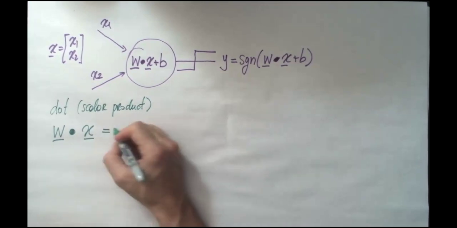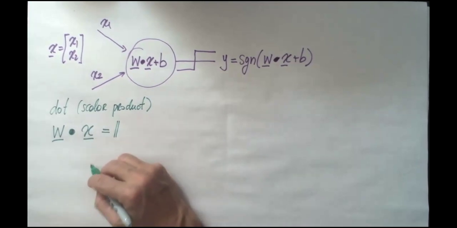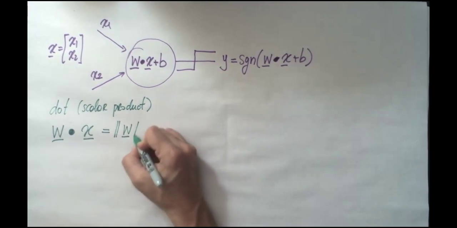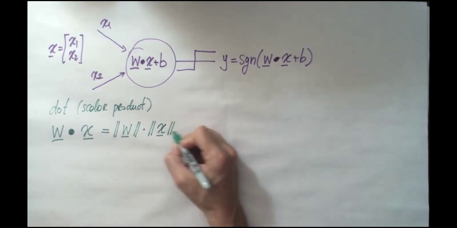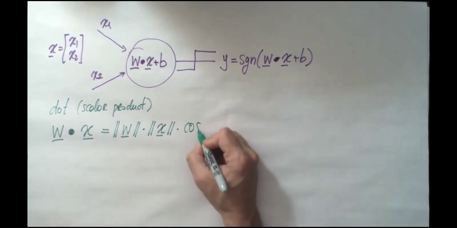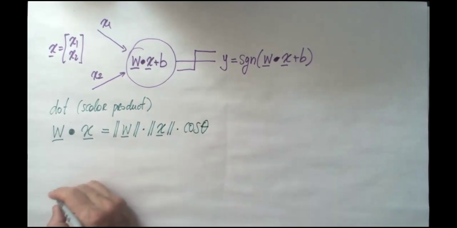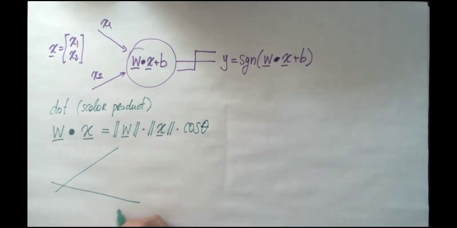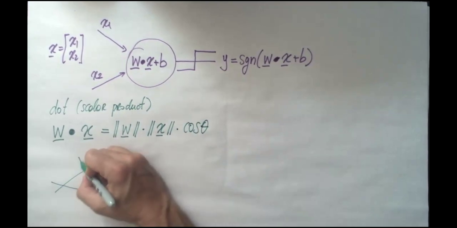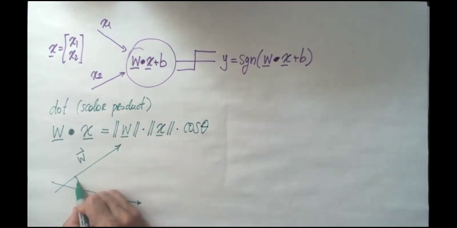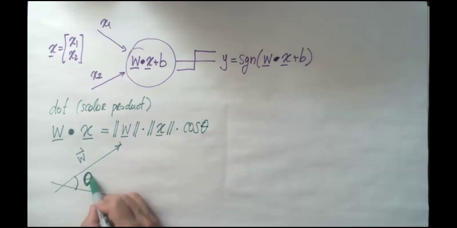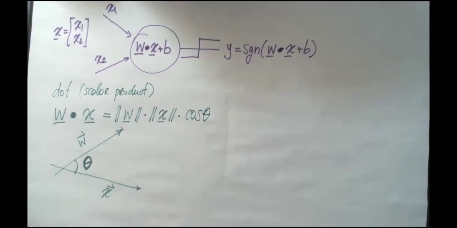Geometrically, it is equal to the length of the vector w multiplied by the length of the vector x multiplied by the cosine of the angle between them. So indeed, the dot product is useful if I have these two vectors. If I know their lengths, I can compute the angle between them.